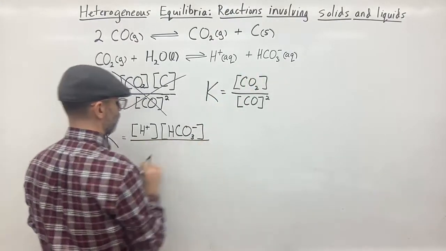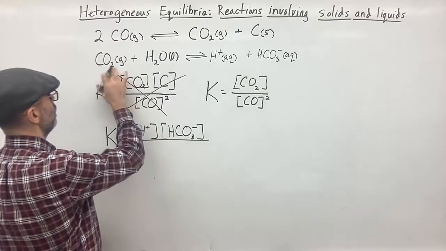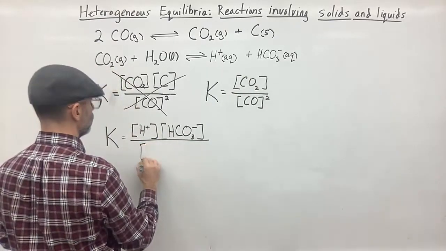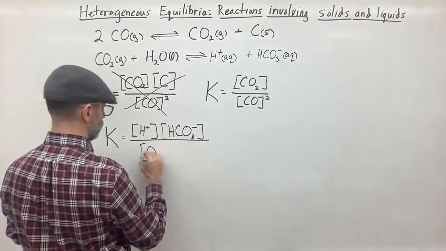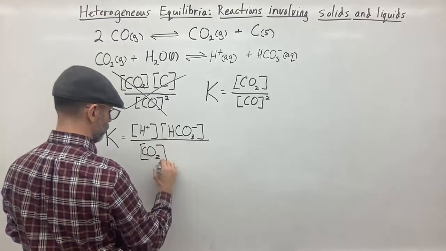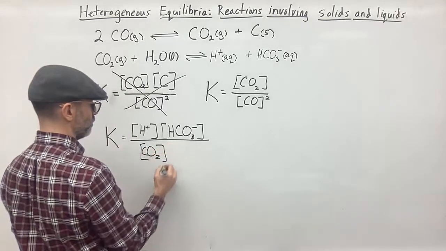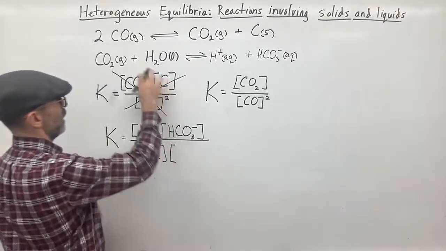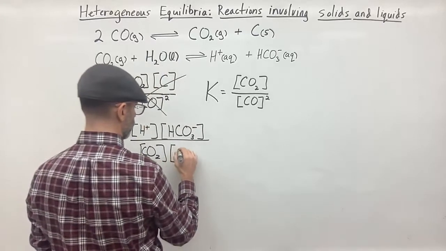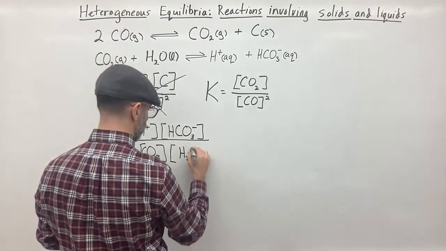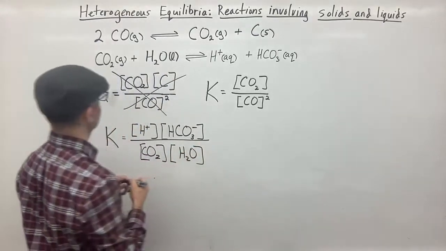And then you would put that over your concentration of CO2 gas, coefficient 1, so power of 1, multiplied by the water here, H2O raised to the power of 1.